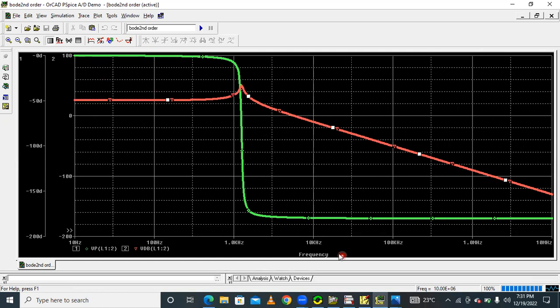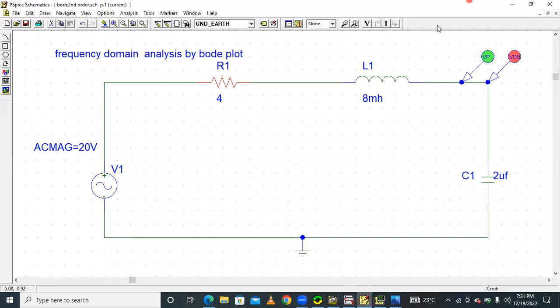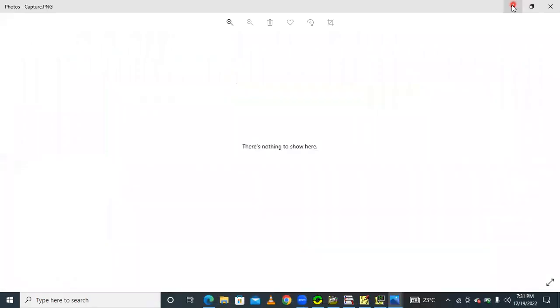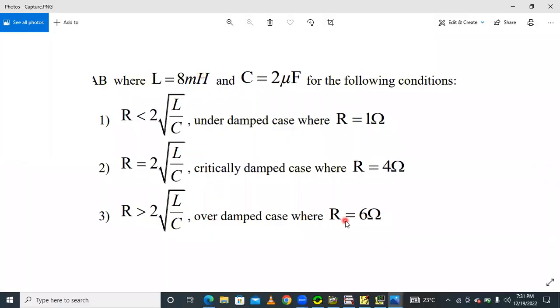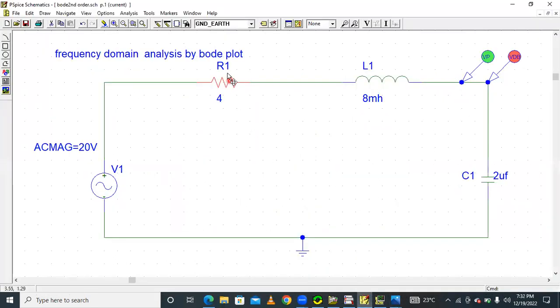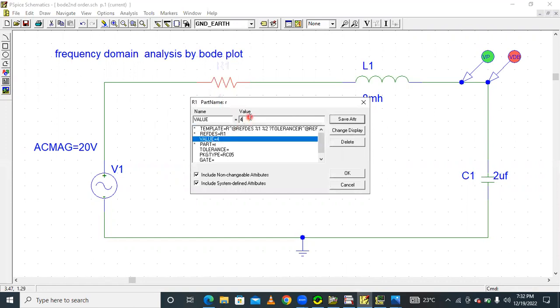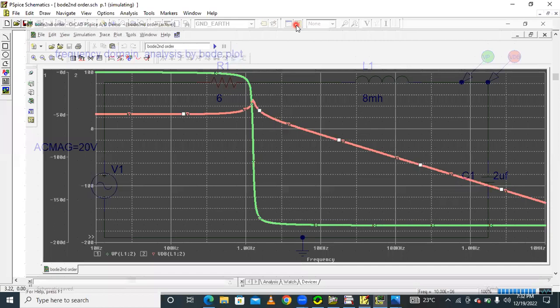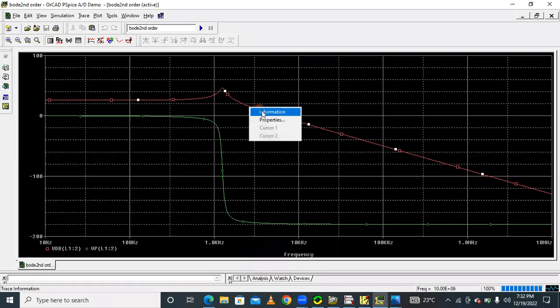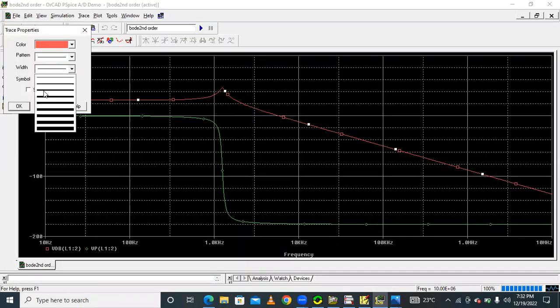Okay, understood. And then similarly, we have to find it for the overdamped system. By changing the resistance to R equal to 6 ohms, you will get the overdamped system. So the resistance is 6 ohms. Then simulate. In this way, the magnitude plot changes like this.